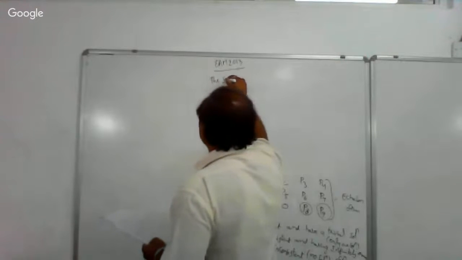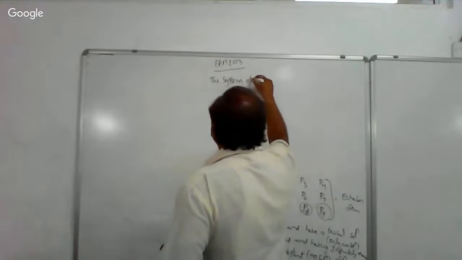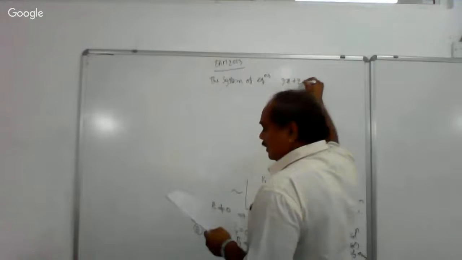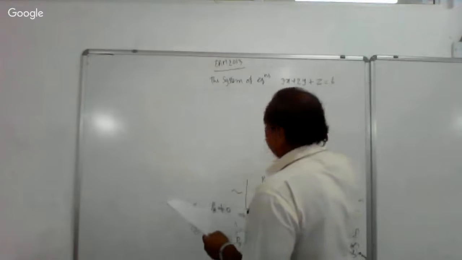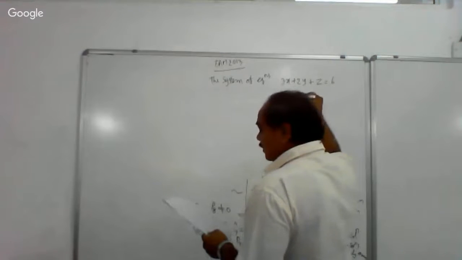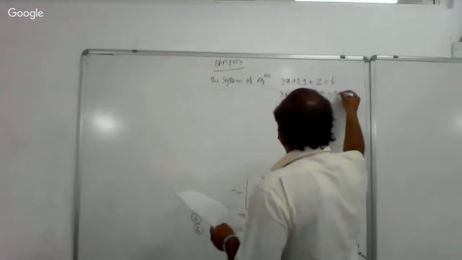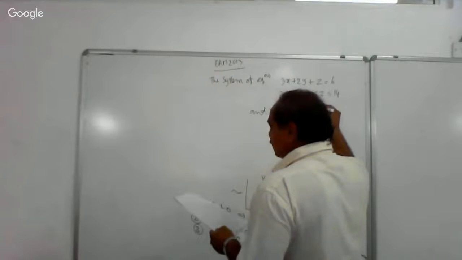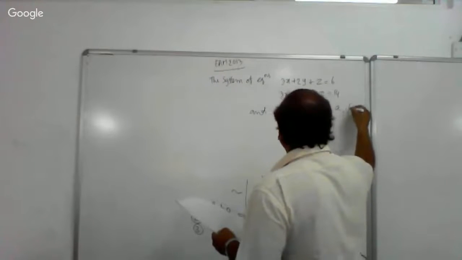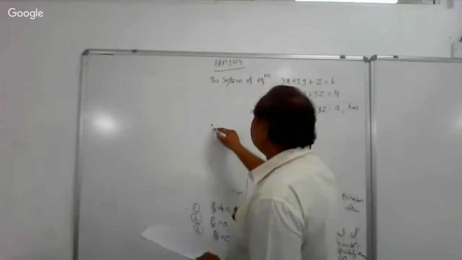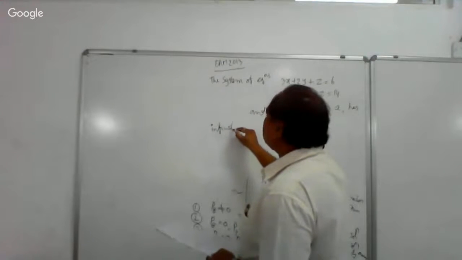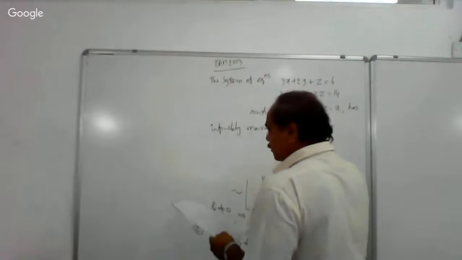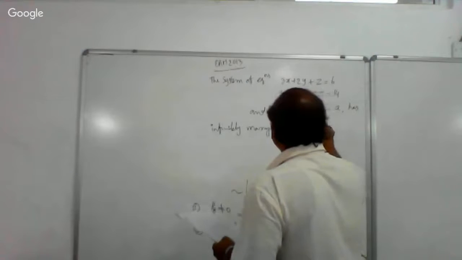The system of equations 3x plus 2y plus z equal to 6, 3x plus 4y plus 3z equal to 14, and 6x plus 10y plus 8z equal to a has infinitely many solutions if a equal to dash.